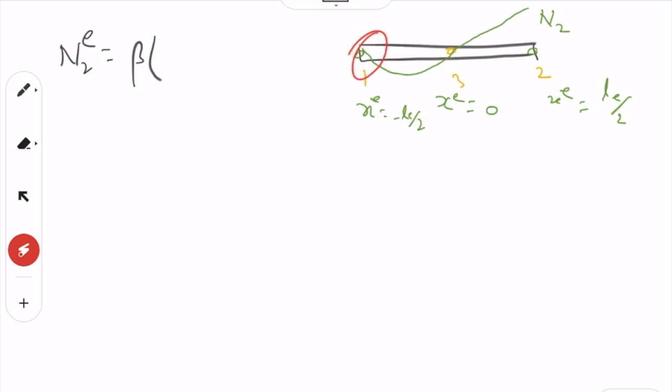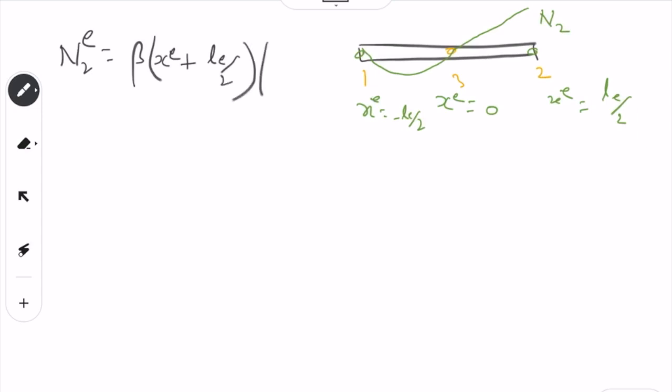So x minus of minus Le over 2, so the first factor will be xe plus Le over 2, and the second factor is xe, so we write just xe only.